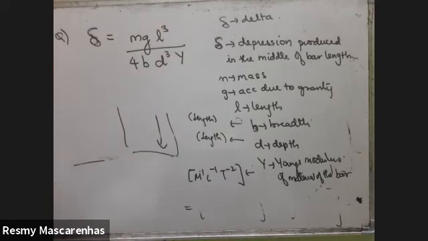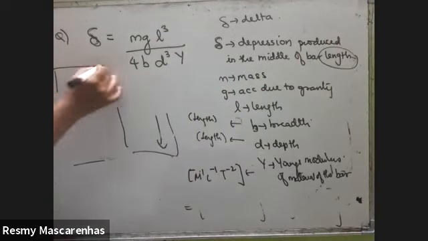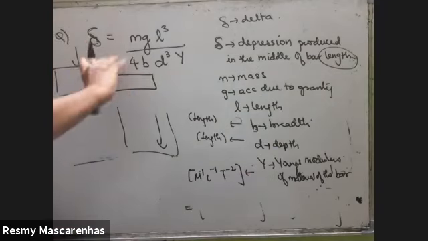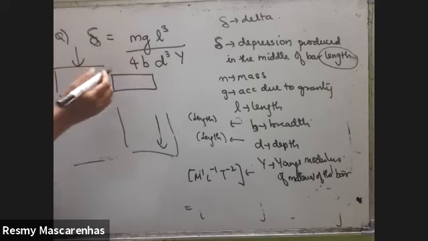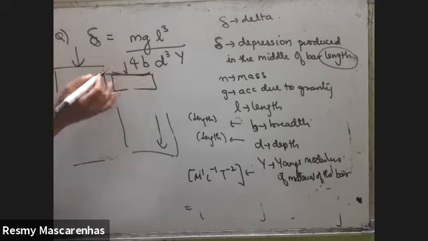Depression produced in the middle of the bar length. Looking at the length itself, we will understand. Depression means, suppose if you have a sponge, if you put some force on it, it will depress, means compress. So there will be a depression. So you have to measure how much inside it is gone.